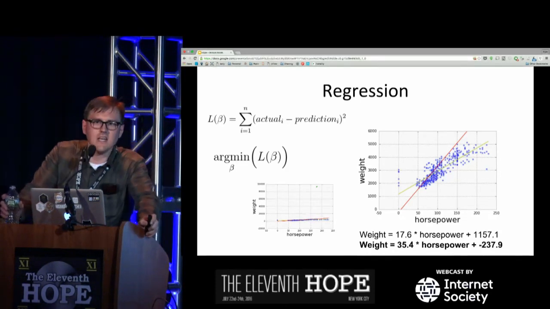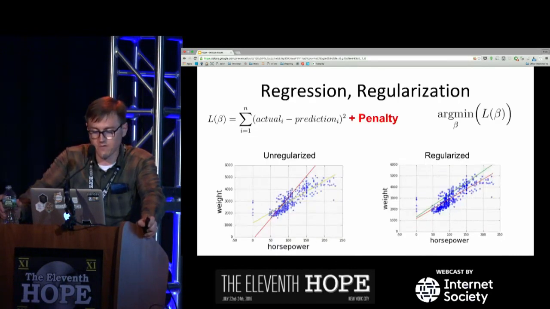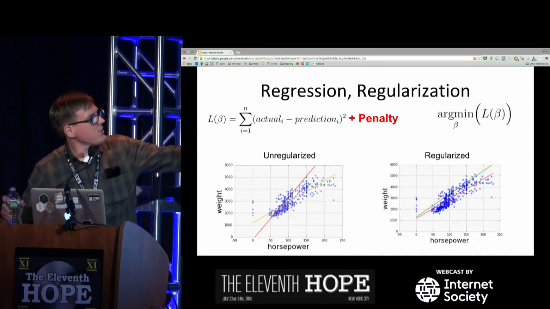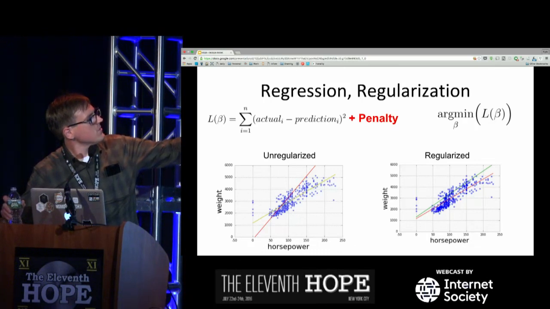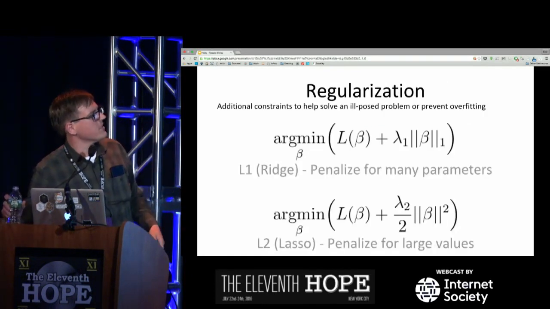Now, generally, this is not going to be a successful attack because there's such extreme outliers, I would have removed them. But also, there's a process called regularization, where more or less you add in some penalty that says not only do you want to minimize the residuals, the error here, but you also want to penalize for any values that are too extreme. And there's different types of regularization.